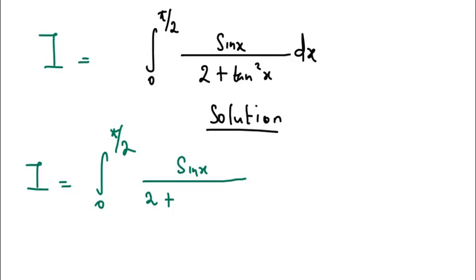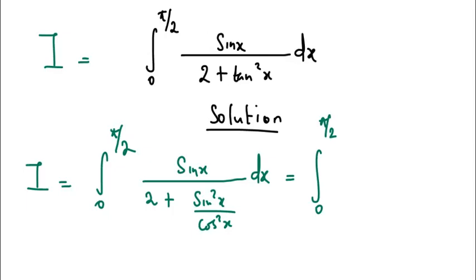We know that tangent squared of x is the same as sine squared of x divided by cosine squared of x, according to the trigonometric identities. So we're going to multiply the numerator and the denominator by the cosine squared of x so that we can see the outcome.